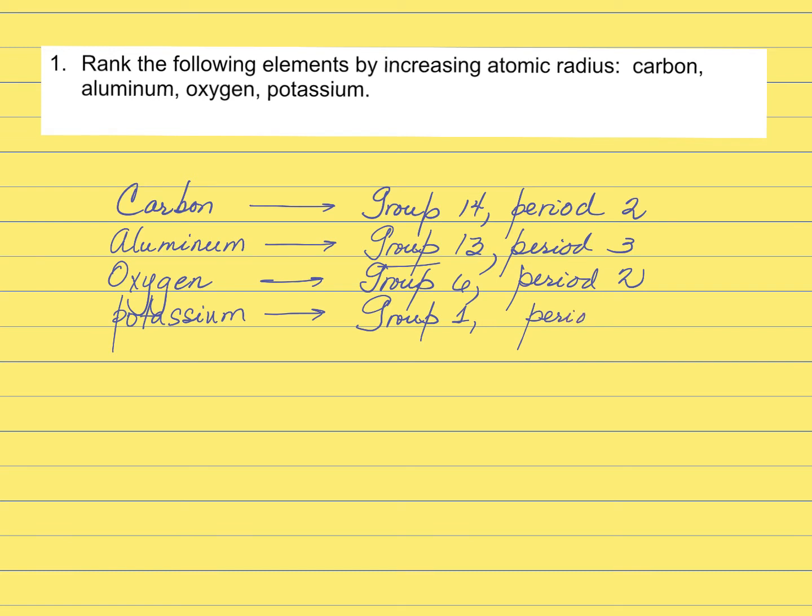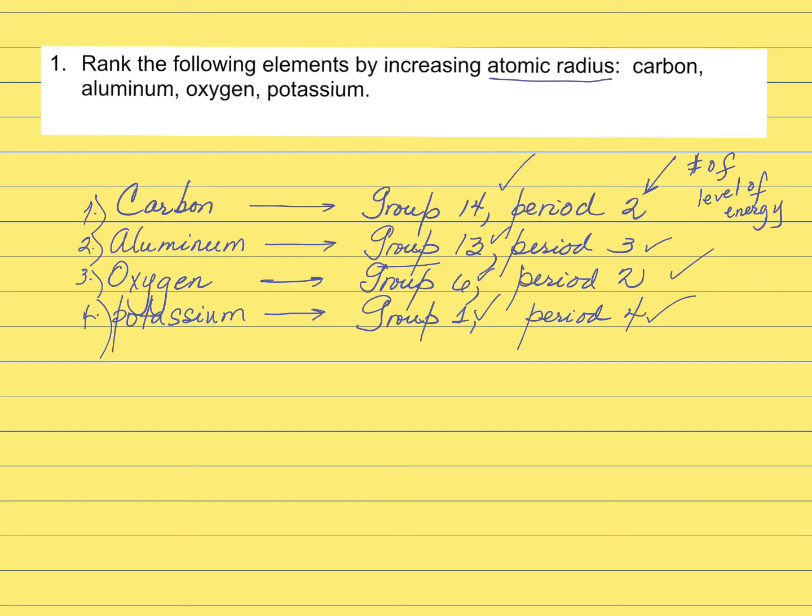But now we have 4 different elements that are located in different groups, different periods. How am I going to analyze this? By looking at the location. The period number is giving you the number of levels of energy.